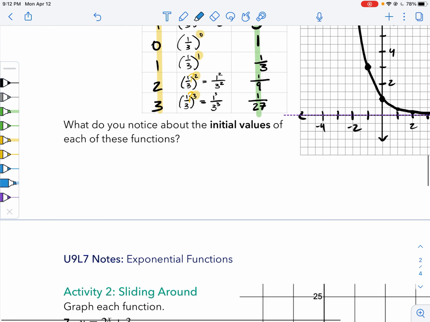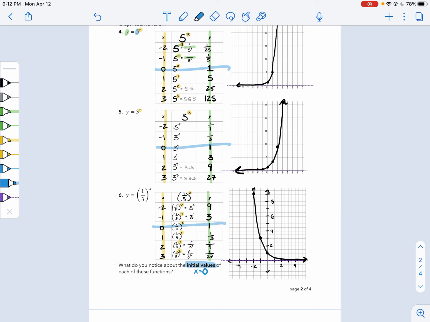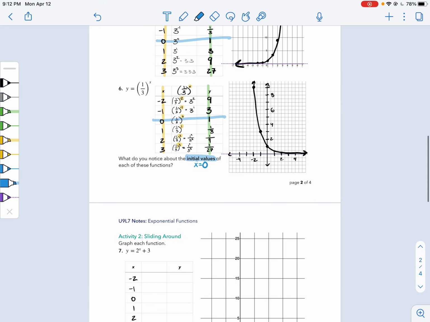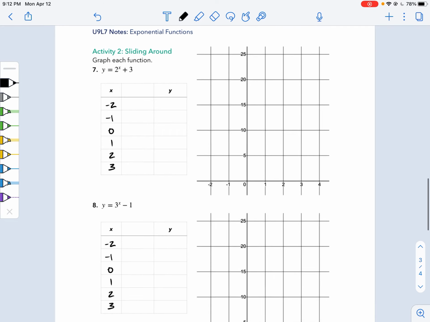Now remember initial value. The initial value was always what happens, what is y, when x equals 0. What is the same about all the initial values? When x equals 0, y is 1. Super duper, right? The only way to change that is by adding or subtracting.